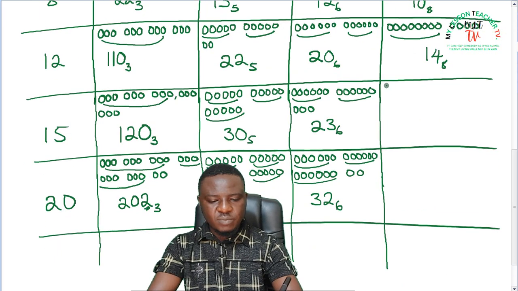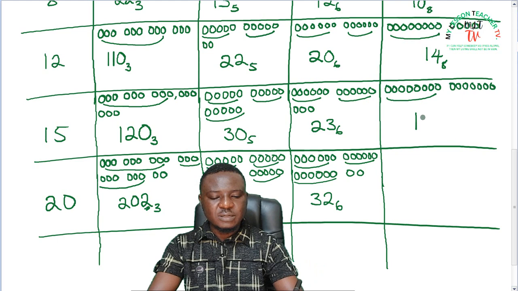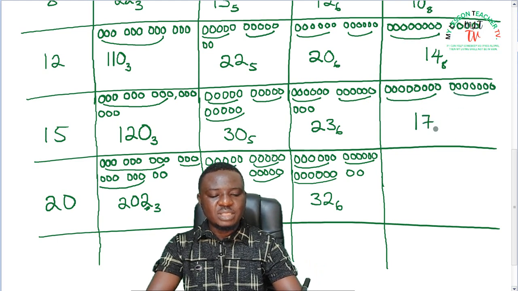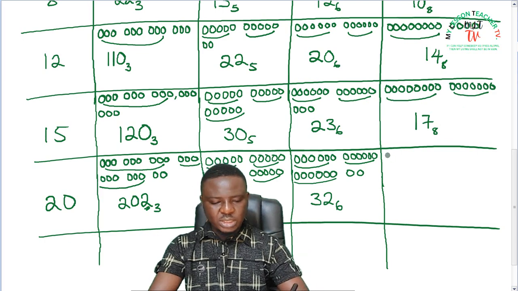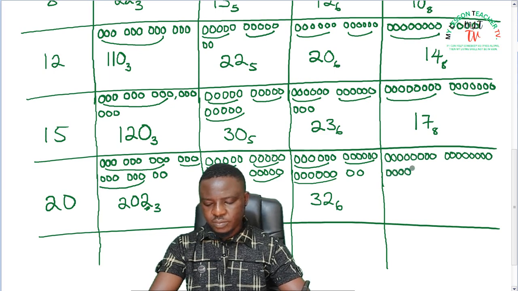And for 15, this is 1, 2, 3, 4, 5, 6, 7, 8, 9, 10, 11, 12, 13, 14, 15. So we have one group of 8, remainder 7, all in base 8. 20, we have 1, 2, 3, 4, 5, 6, 7, 8, 9, 10, 11, 12, 13, 14, 15, 16, 17, 18, 19, 20.